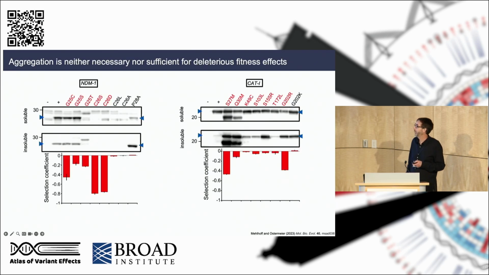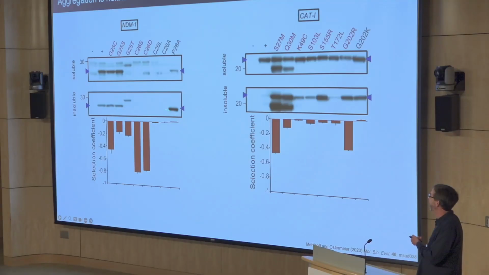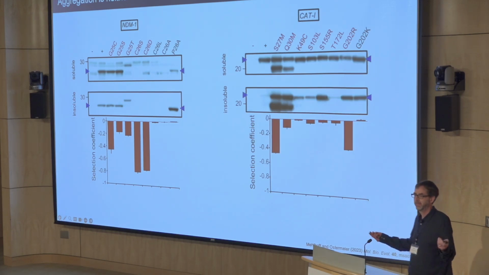To hammer that home, here's a couple other genes where you could have lots of aggregation and no deleterious collateral fitness effects. You could have very conservative mutations at the same position. One is completely neutral as far as collateral fitness effects, the other is very deleterious, and both of them seem to cause the same amount of aggregation.